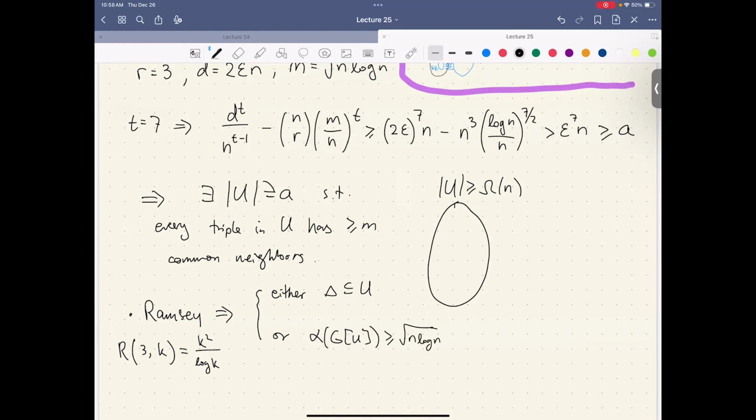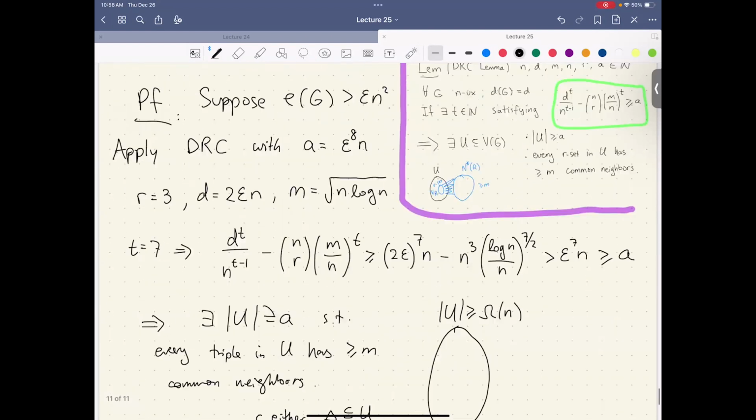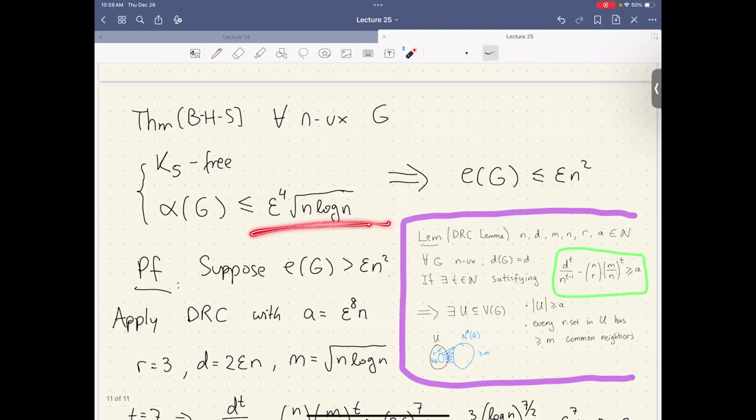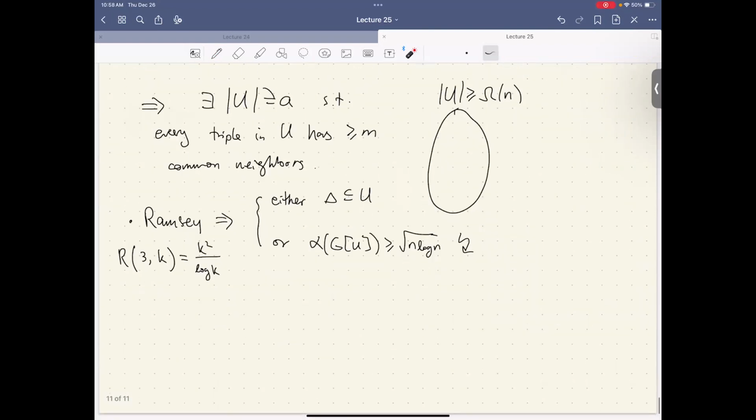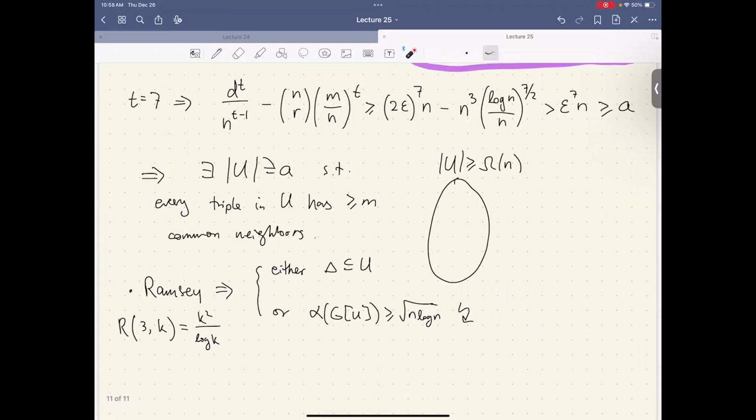This order of magnitude is a contradiction because we know our graph's independence number is a little o of square root n log n. Okay, so that means we must have a triangle here.